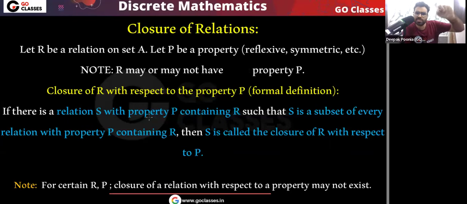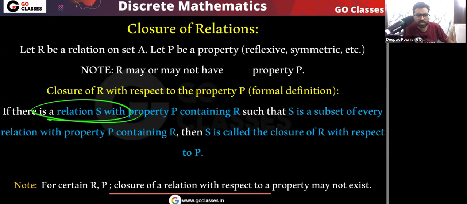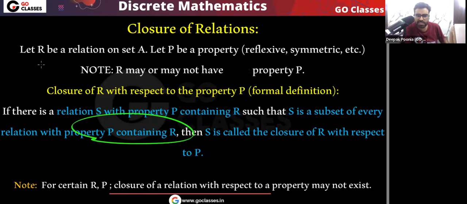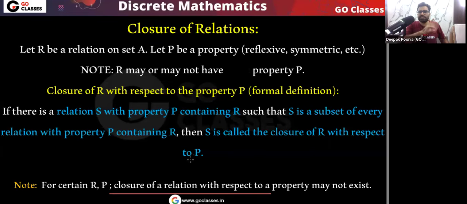That new relation may or may not be the same as R. We have already seen that. So the closure of R with respect to property P is a new relation S. You can say if there is a relation S which has property P and which contains R, such that this S is a subset of every relation with property P that contains R, then S will be called the closure of R with respect to property P. Very interesting definition, this formal definition.